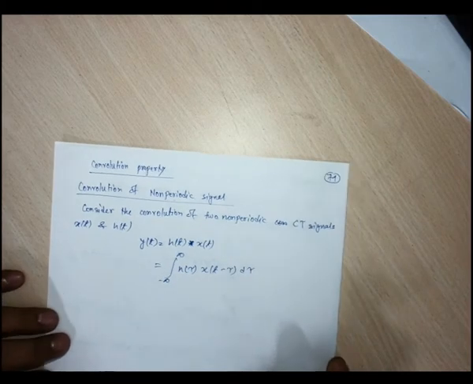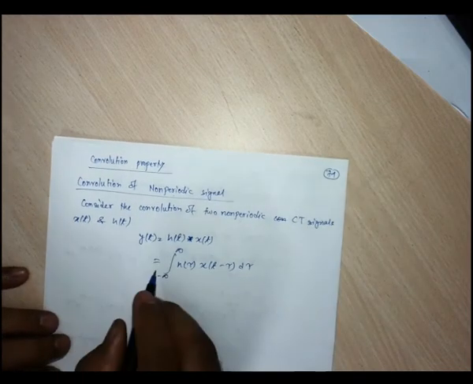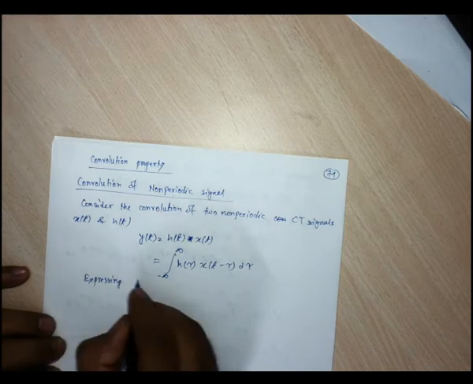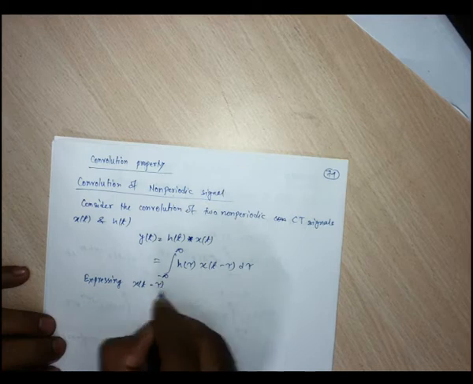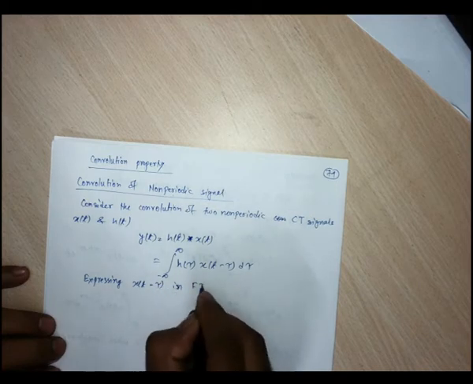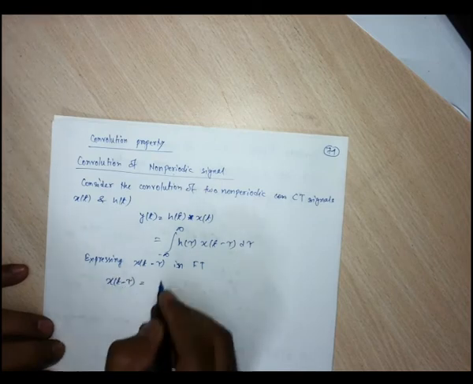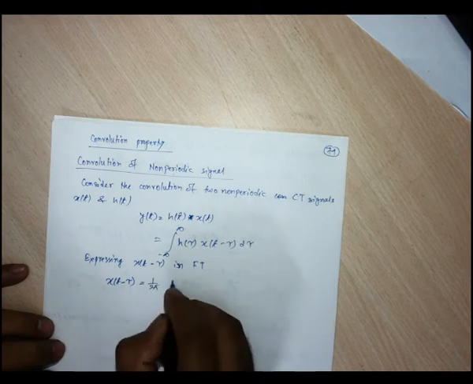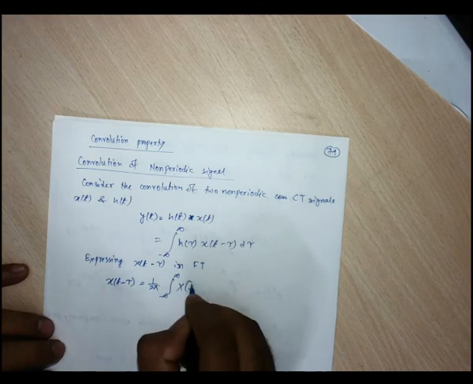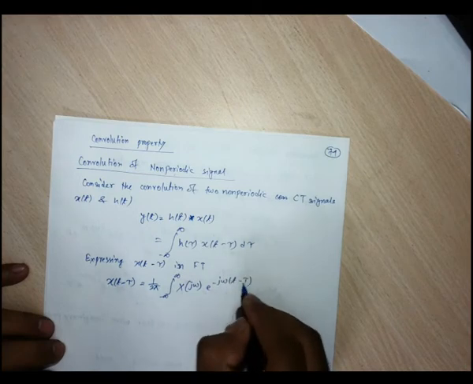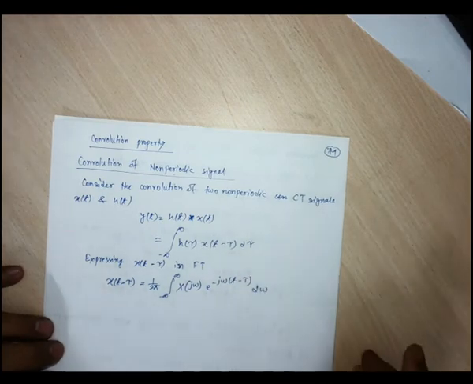Now if we are to express this x of t minus tau in terms of the Fourier transform, then what can we write? X of t minus tau is 1 by 2 pi integral from minus infinity to infinity of x of j omega e to the power j omega (t minus tau) d omega, right?